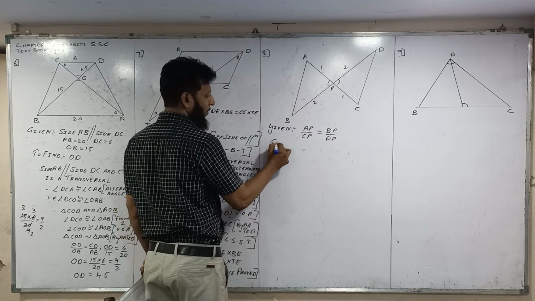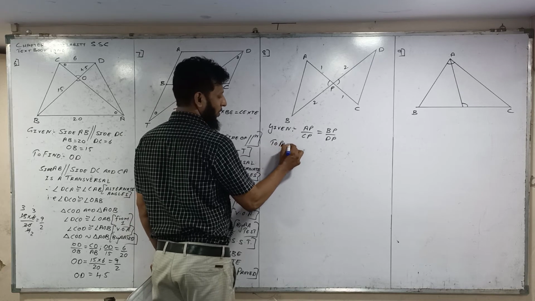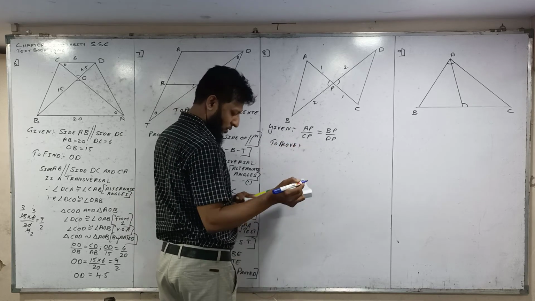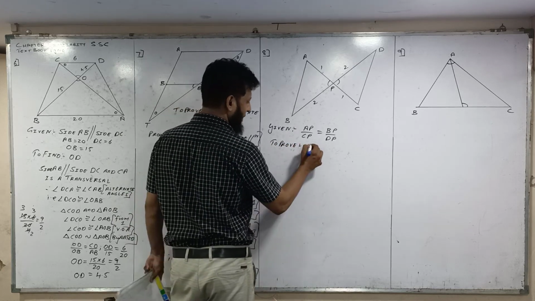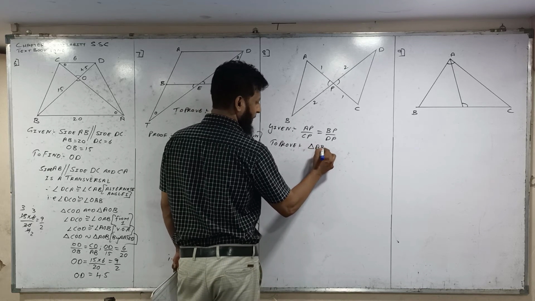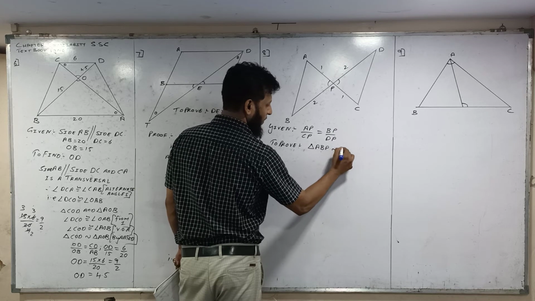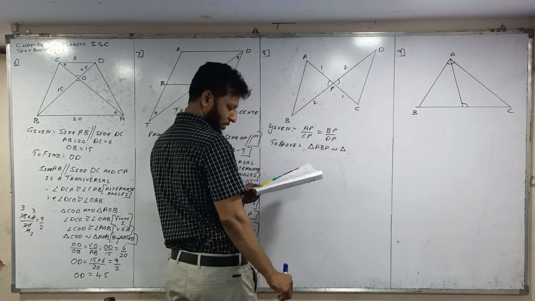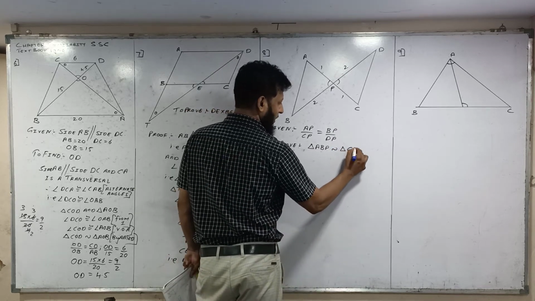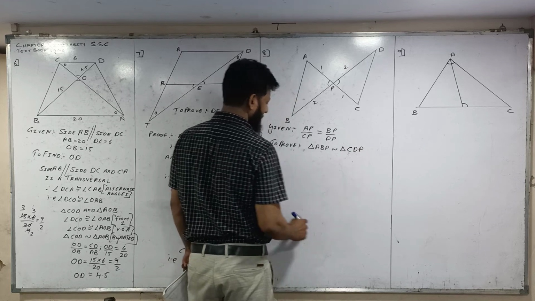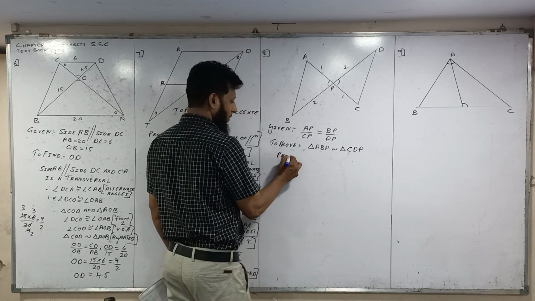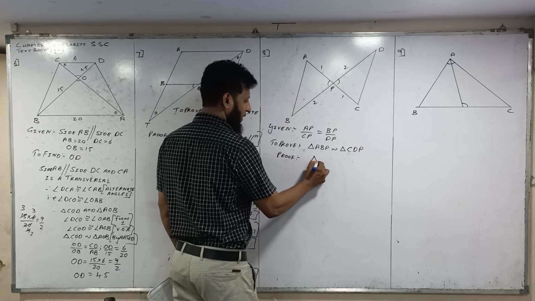So what do you have to prove? Write the proof also. You have to prove triangle ABP similar to triangle CDP. So now we are proving. Very simple sum.